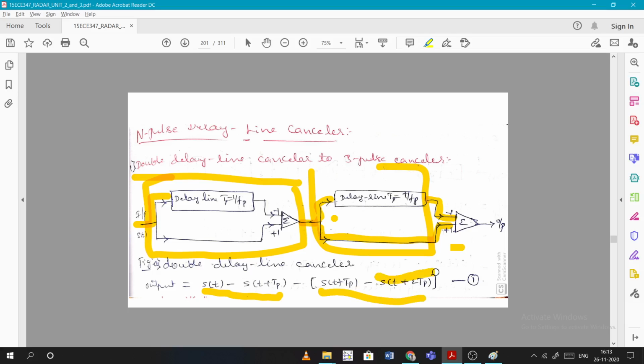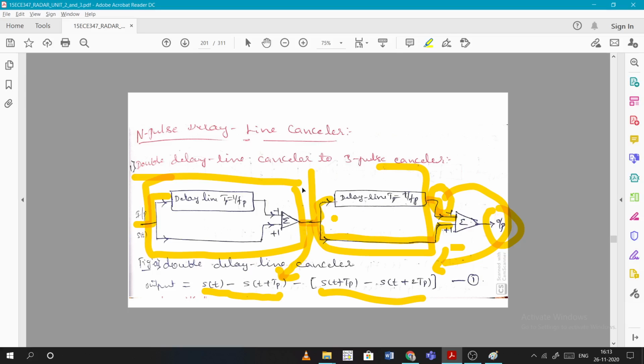This term will be coming at this wire, and this value will be coming at this wire. Now this entire thing will be the output of this double line delay.